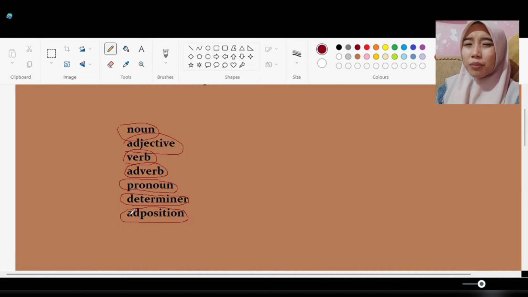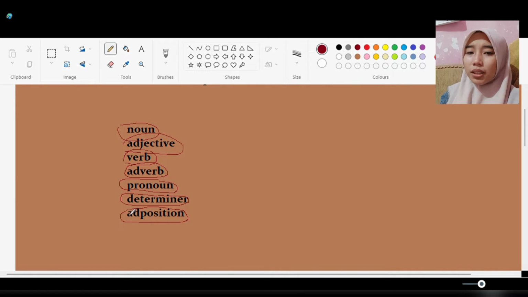But what makes those prepositions in English is that they possess an object complement. They always go before it.